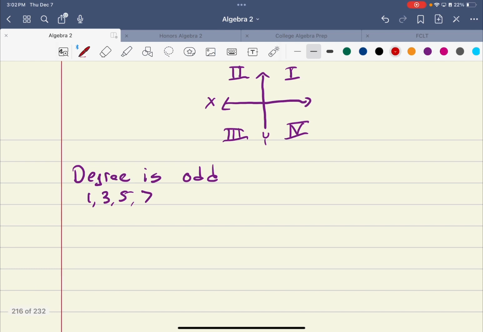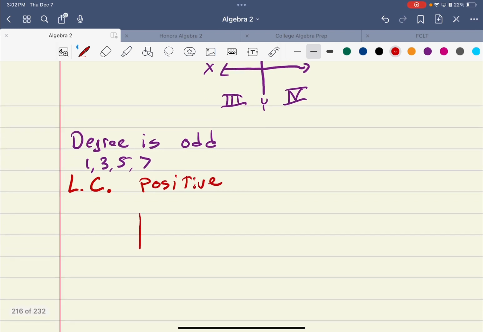And the leading coefficient, it's too big of a word to write down, so we'll put LC for leading coefficient, and that leading coefficient is positive. This is what the end behaviors are going to do.